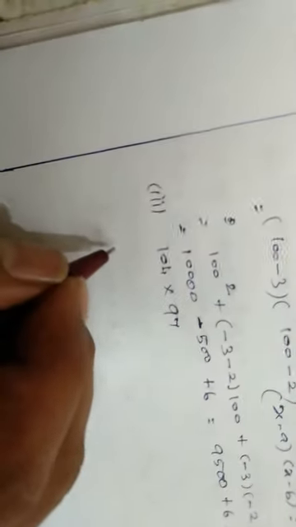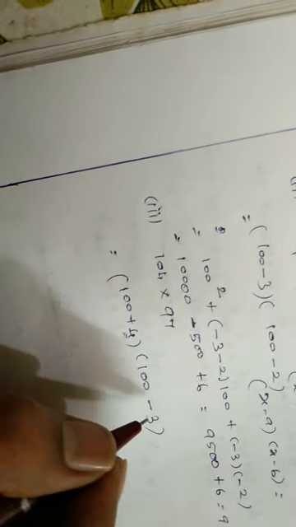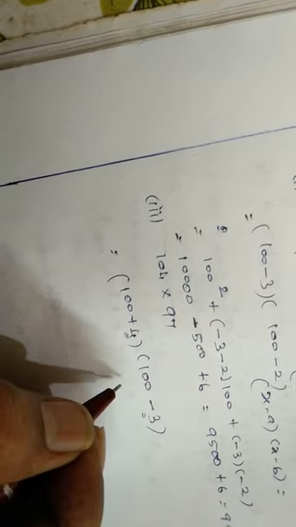Here 104 into 97. 104 is given, so 100 plus 4, here 100 minus 3. Similarly here a value 4, b value minus 3. So x value 100.